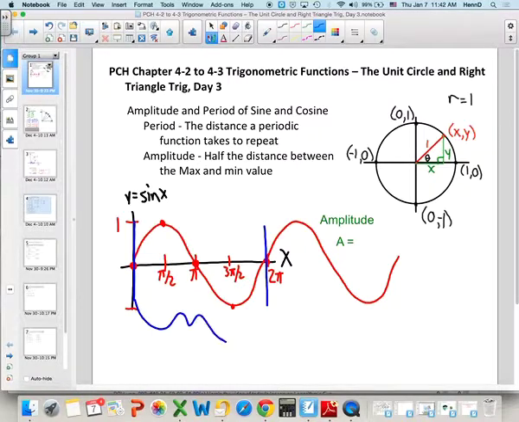This is one period. And in the case of sine and cosine, it equals 2 pi. But is the amplitude pi over 2? No, we'll get to amplitude. That's a little different, okay?